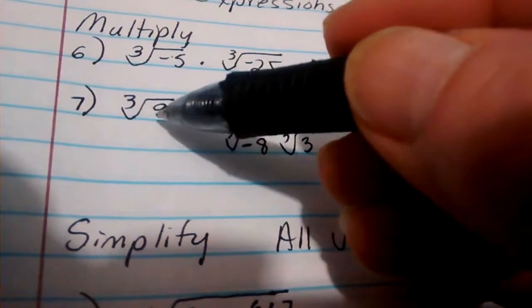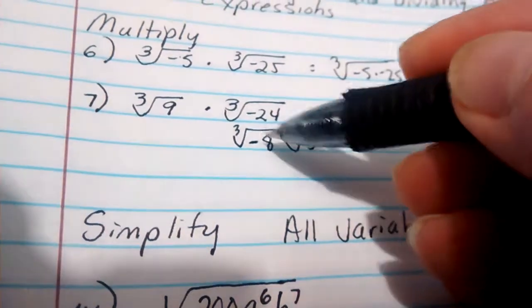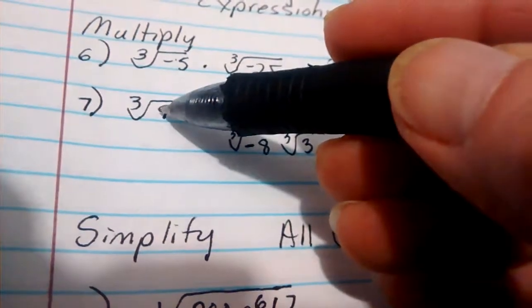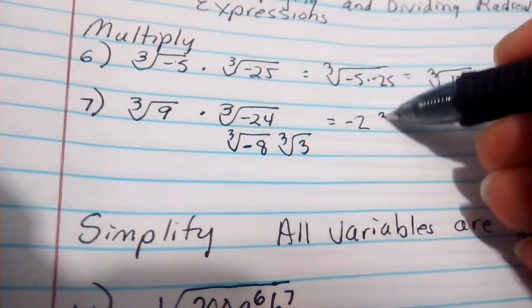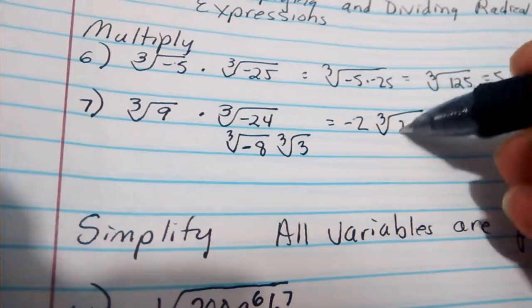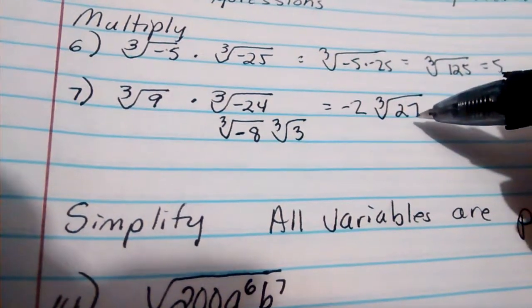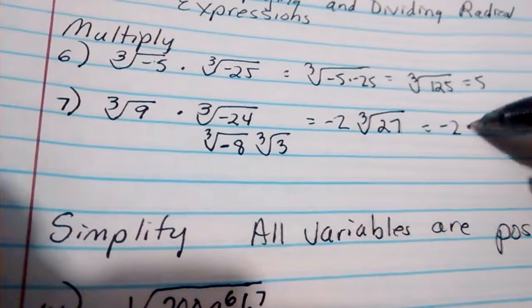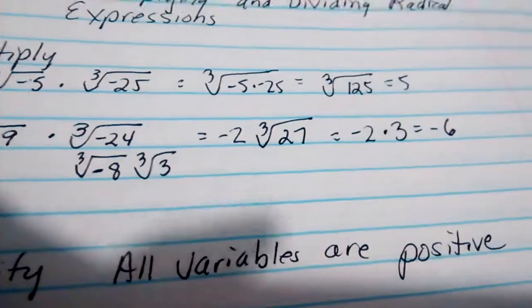So, not forgetting this, the cube root of negative 8 is negative 2, and I have the cube root of 9 and the cube root of 3. Multiply those together, and that becomes 27, and then I can also pull out a 3, so that would be negative 2 times 3, and that final answer is negative 6.